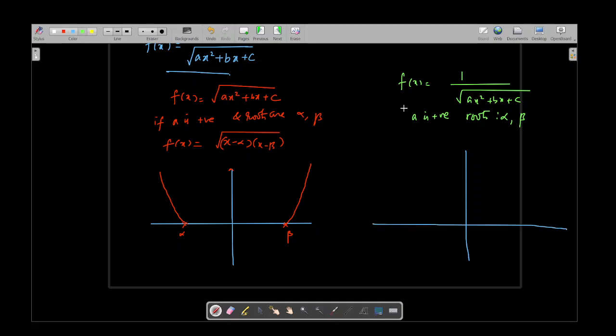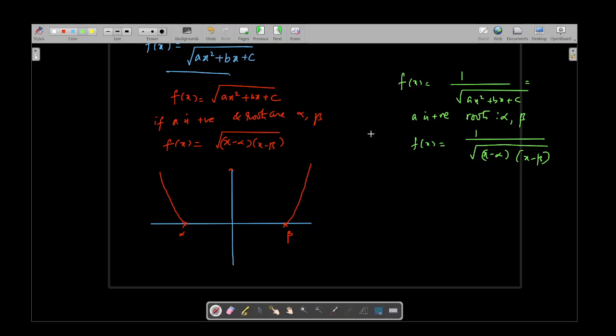I can write f of x as 1 by square root of x minus alpha and x minus beta. So how does the curve look, if the roots are alpha and beta?